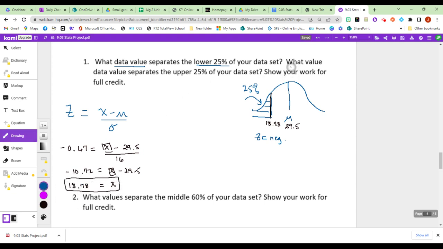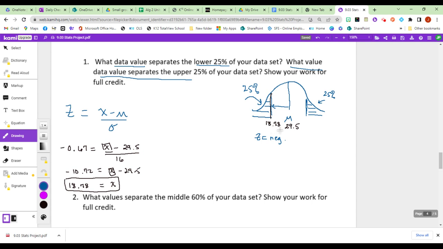So for the second part, it says what value of data separates the upper. So we're looking for this upper value. That would be the 25% that would be up here. And you could do a couple different things. Since you've already calculated this one, so this would be your upper 25%, and our bell curve is symmetric, then what I would probably do is think about the difference, what I had to subtract from 29.5 to get to 18.78.